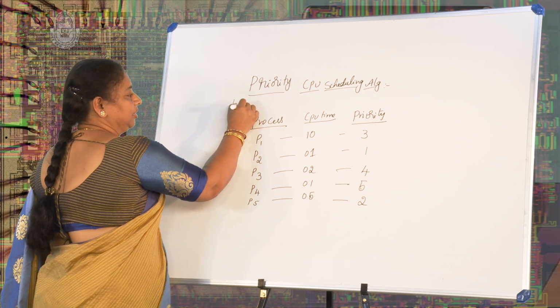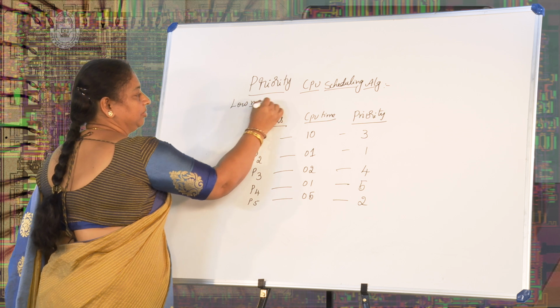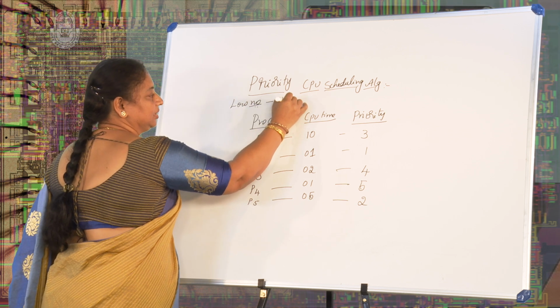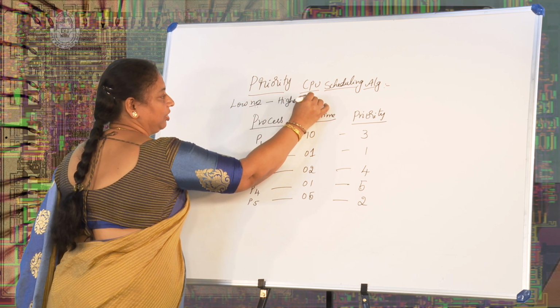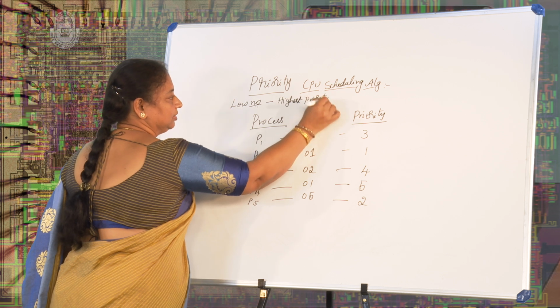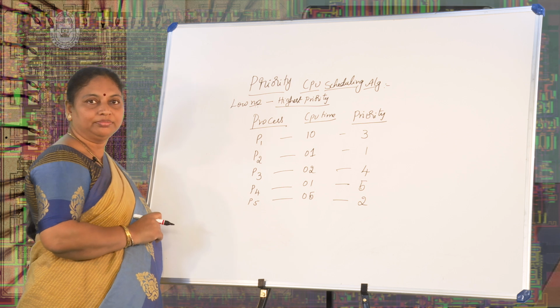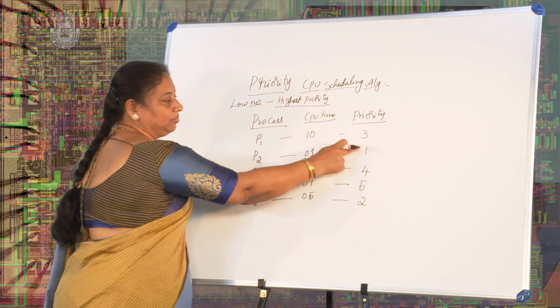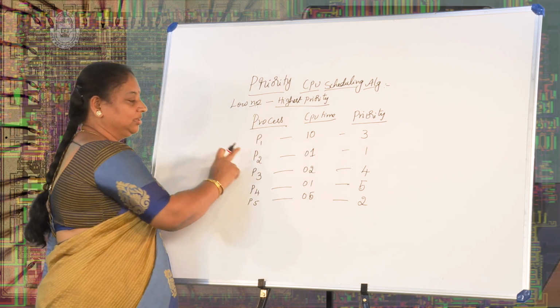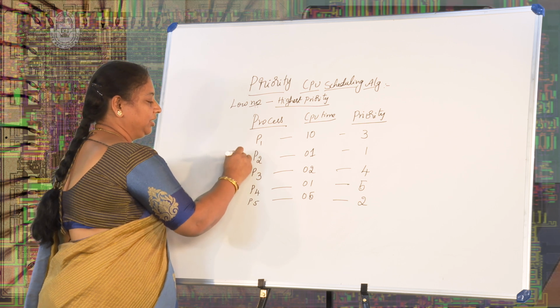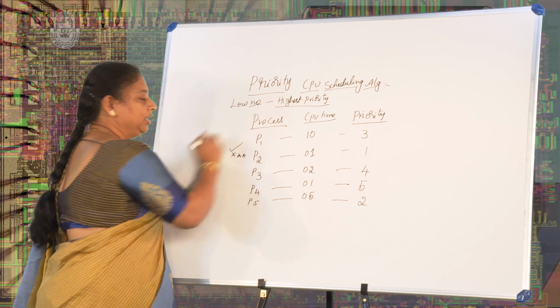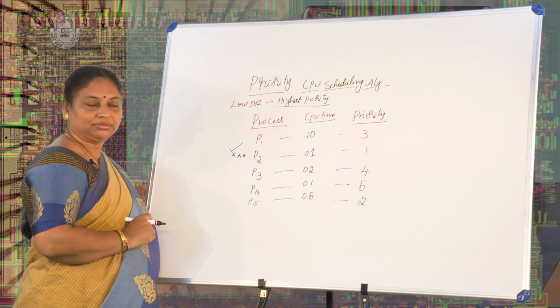Here the low number means the highest priority. This is the assumption we made in the beginning. So the process with the lowest number has the highest priority, so it should be executed first.